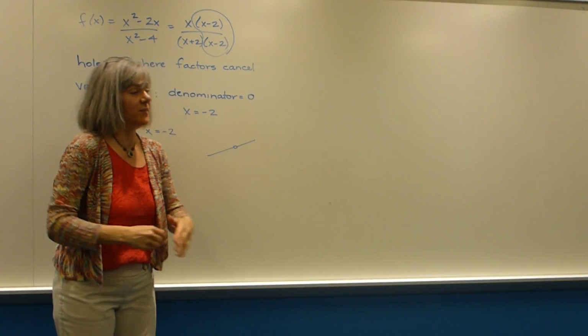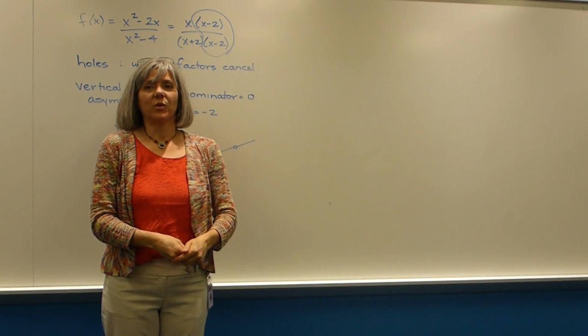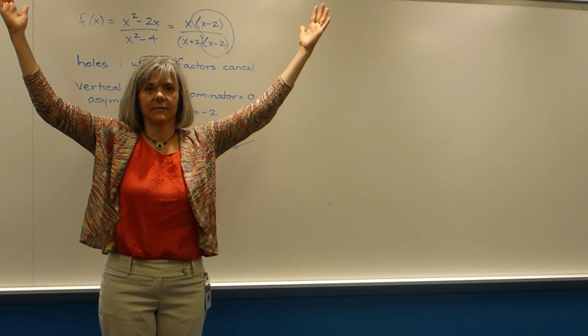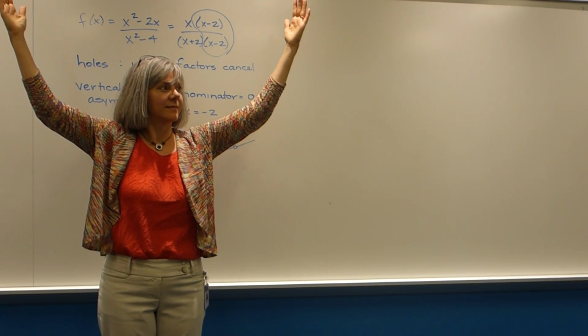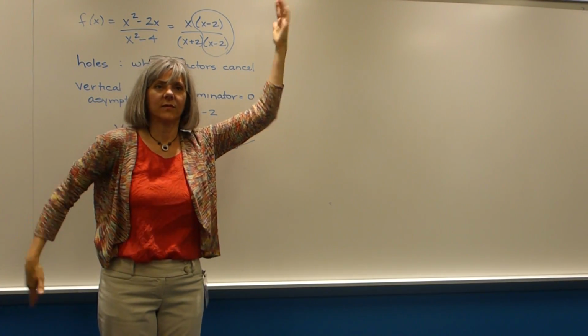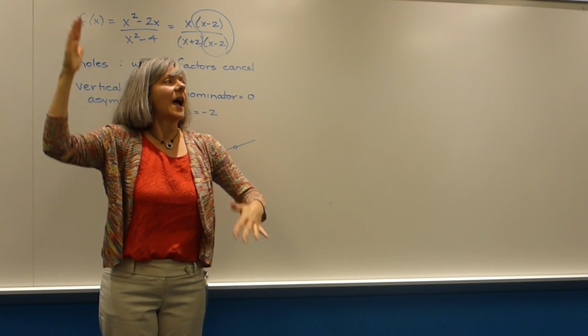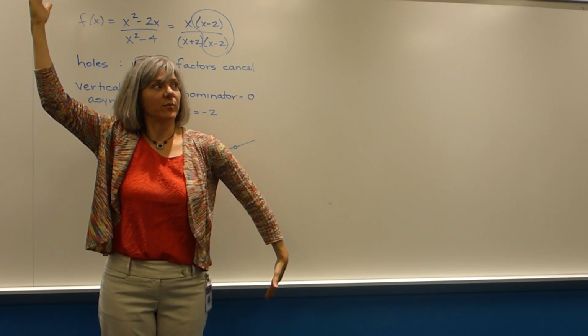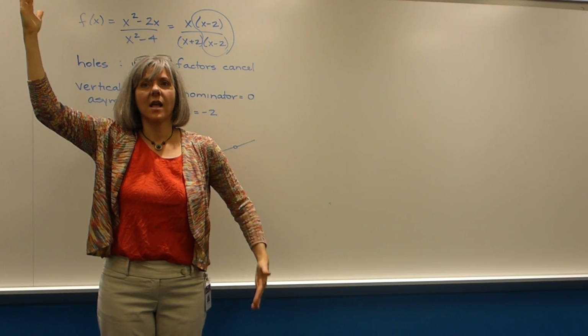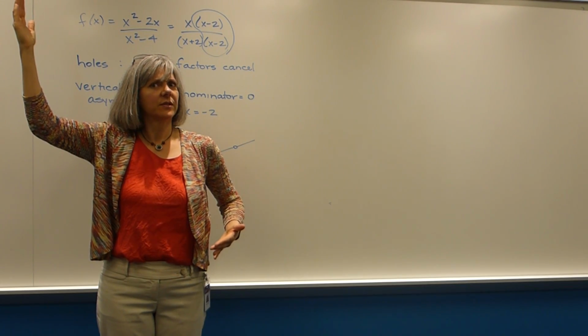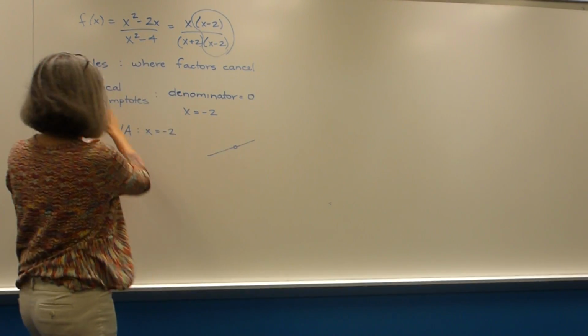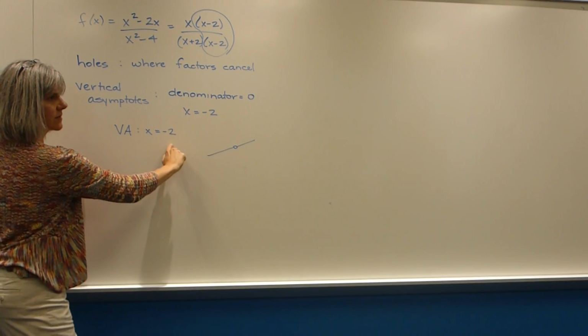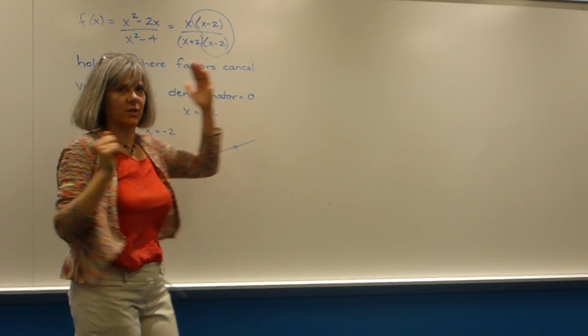Parabola. Cubic. Oh wait, I did this right. I've got to do it backwards for you guys, right? Cubic. Oh, yeah. Exponential. Is it V? No, exponential was this one. So wait, this way for you.